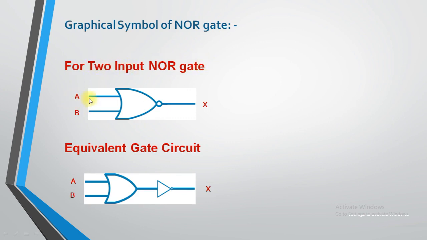So first of all, you need to draw the circuit related with the OR gate, then put one bubble before the output, and the output is represented by the variable X. Now the equivalent gate circuit, either you can draw like this or you can draw in this way. You just need to draw the circuit of OR gate, the circuit of NOT gate, and the representation of output variable X. So in both ways you can draw the circuit of NOR gate.